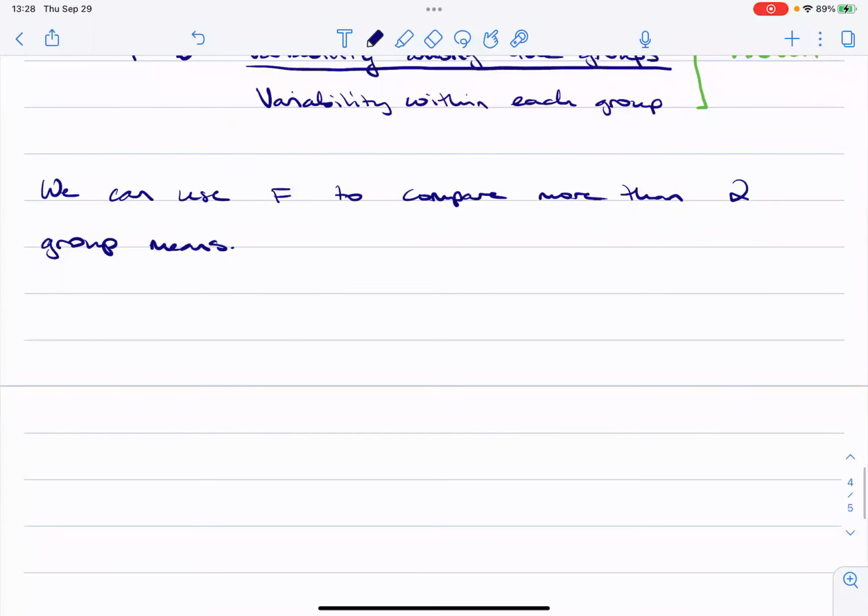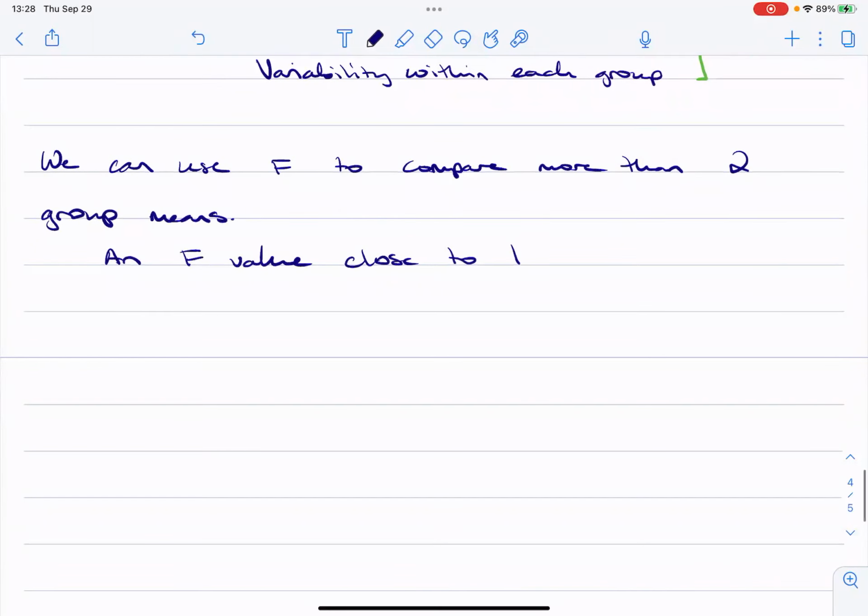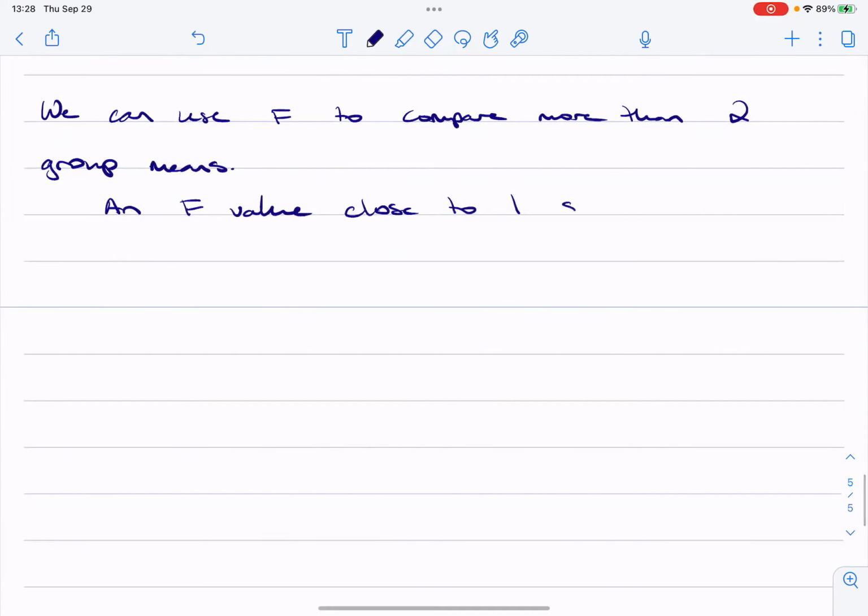So an F value close to 1 shows that there is no significant difference between the groups.